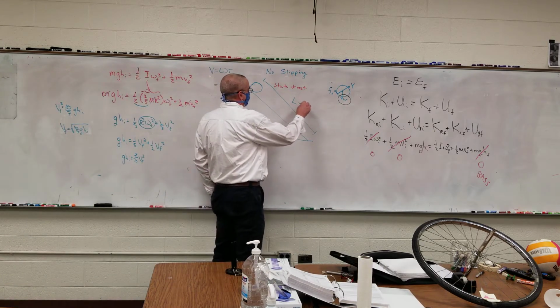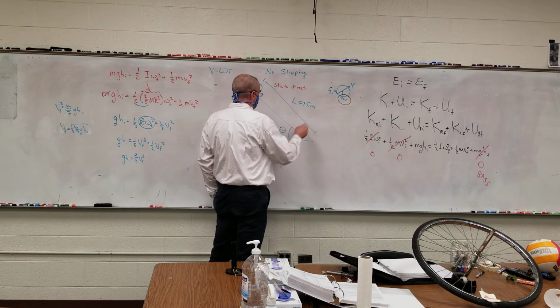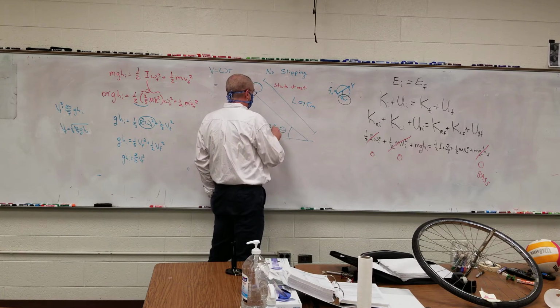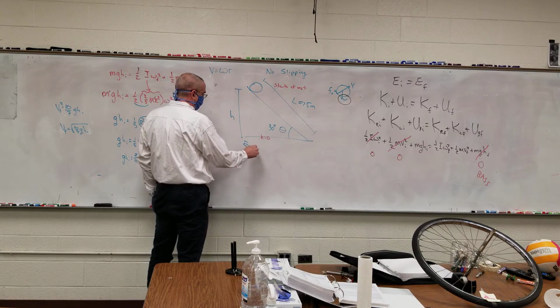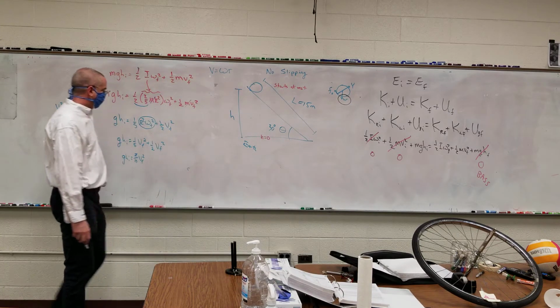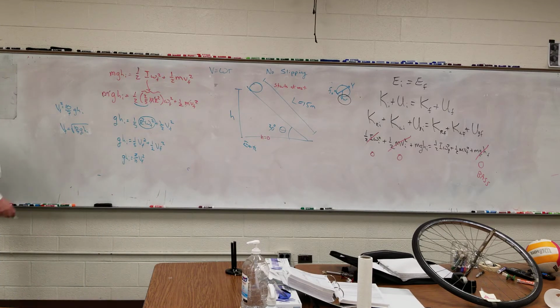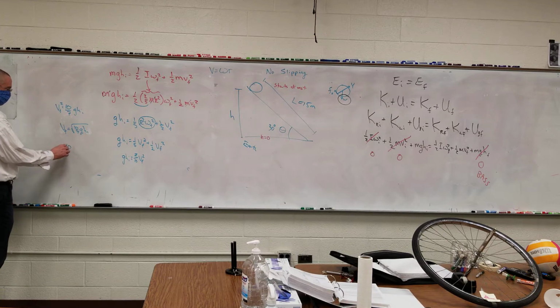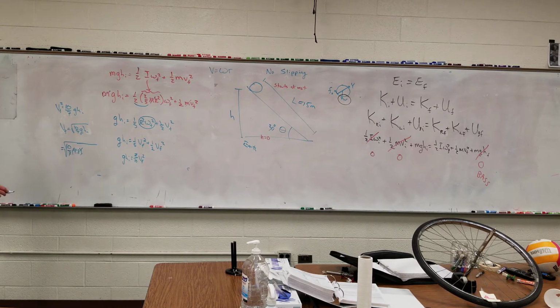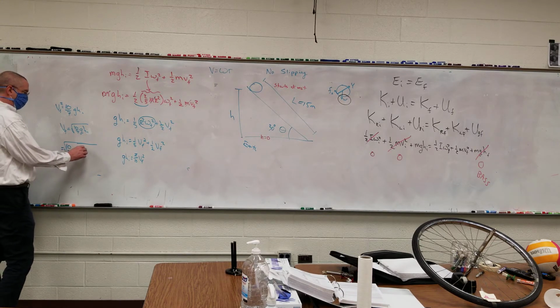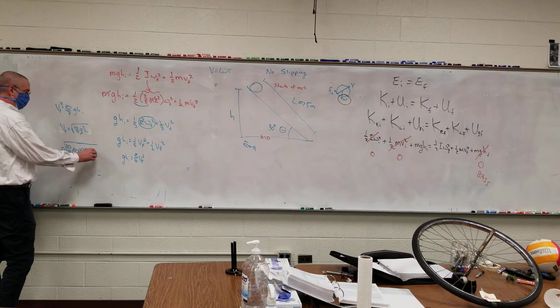So if I said this was a 15-meter ramp, angle of 30 degrees, then this becomes the square root of 10/7 times 9.8 times the initial height, which is 15 times the sine of 30 degrees.